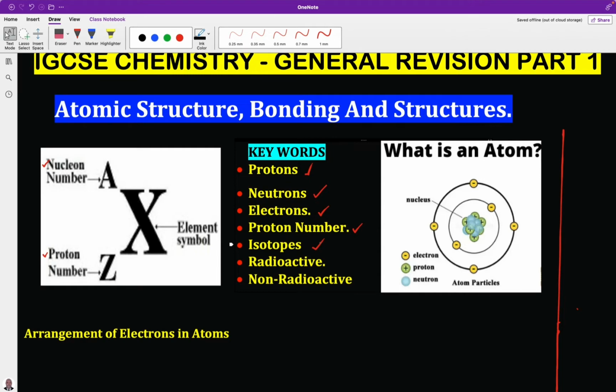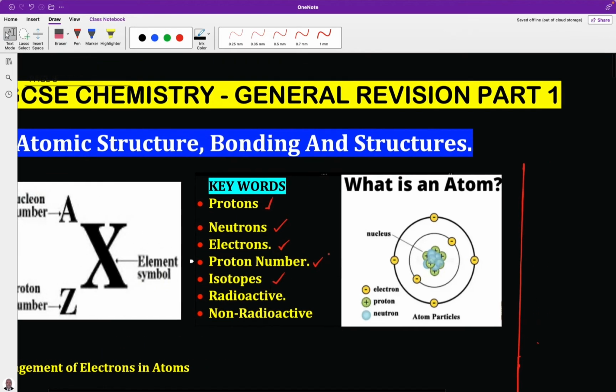Isotopes are atoms of the same element having the same proton number or atomic number, but different mass numbers or nuclear numbers due to the different number of neutrons in them.